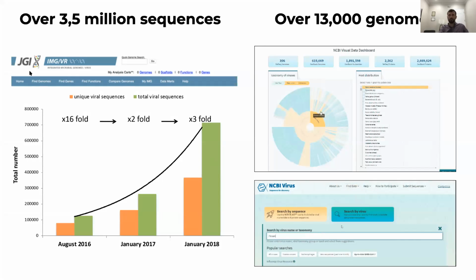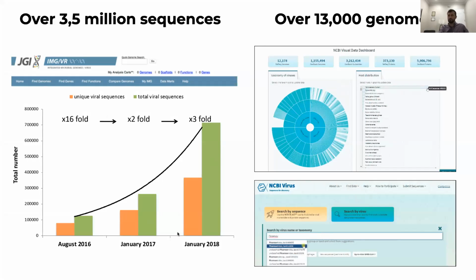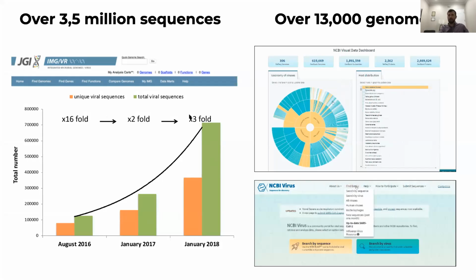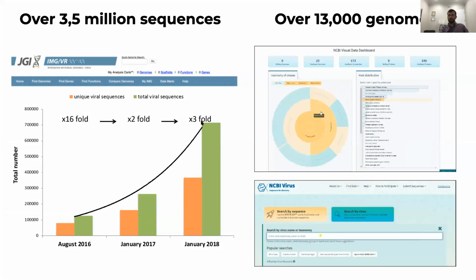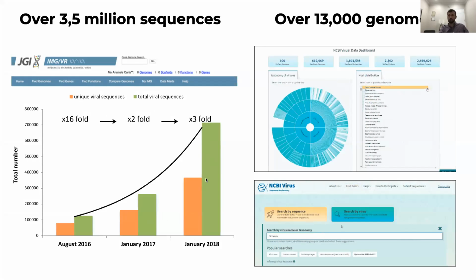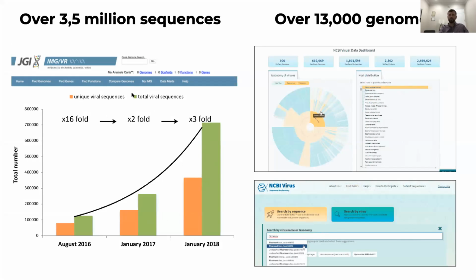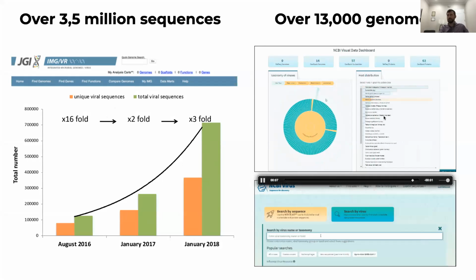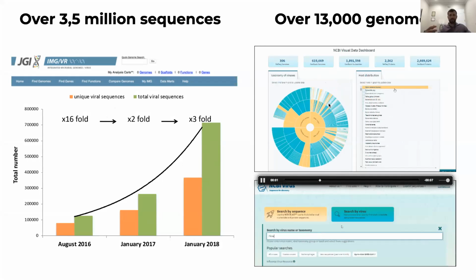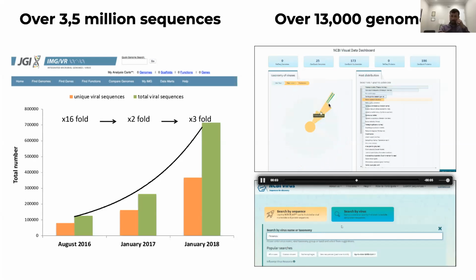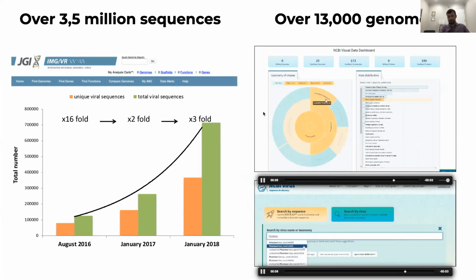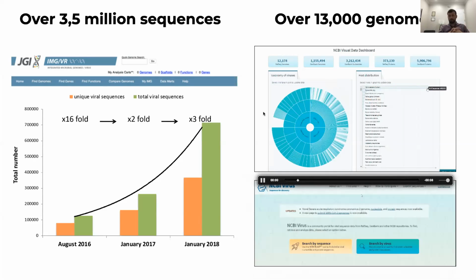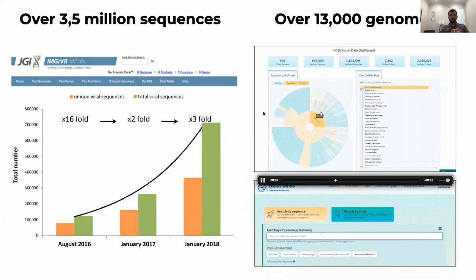For example, we have the Joint Genome Institute that hosts, by January 2018, over 700,000 total viral sequences, or close to 400,000 unique viral sequences, so a huge amount of data, over 13,000 complete annotated genomes of different viruses, and millions of sequences of viral genes and proteins. So a huge repository of data.